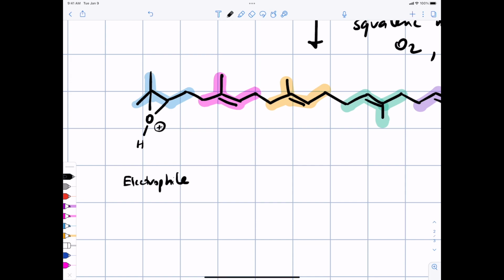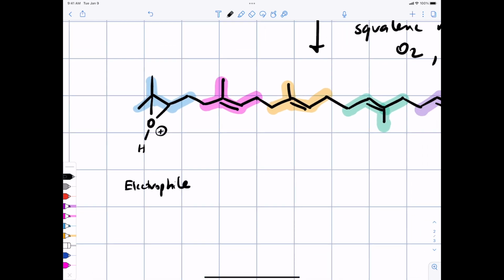Which carbon of the epoxide is most electrophilic when the epoxide is protonated? That's a 351 question. One, two, three, four, five. 2 or 4? 2. That is because for a protonated epoxide, the leaving group starts to leave preferentially from the more substituted carbon where a buildup of positive charge is more stable.